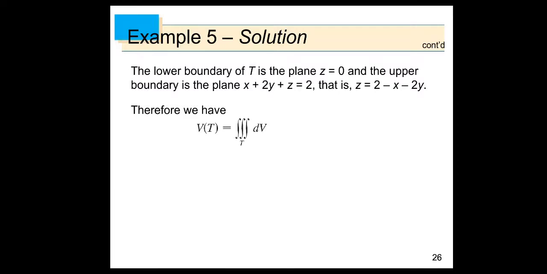So we will find the volume of our tetrahedron, which is equal to the triple integral over T of dV, right? As we know, according to the rule, first of all we have to see how many variables we have in x, y, and z. According to that, we will integrate with respect to z, y, and x, right?